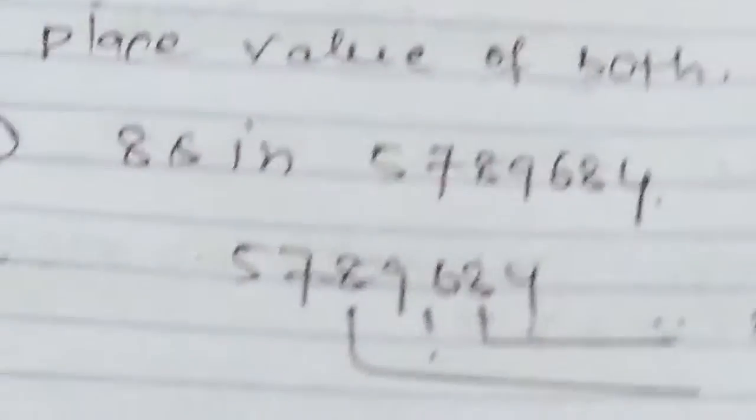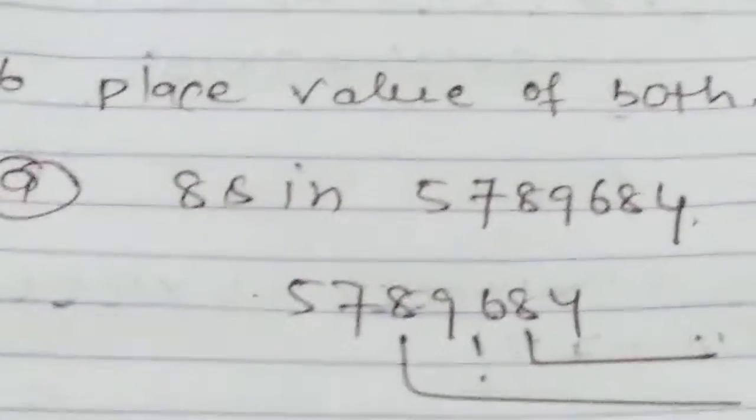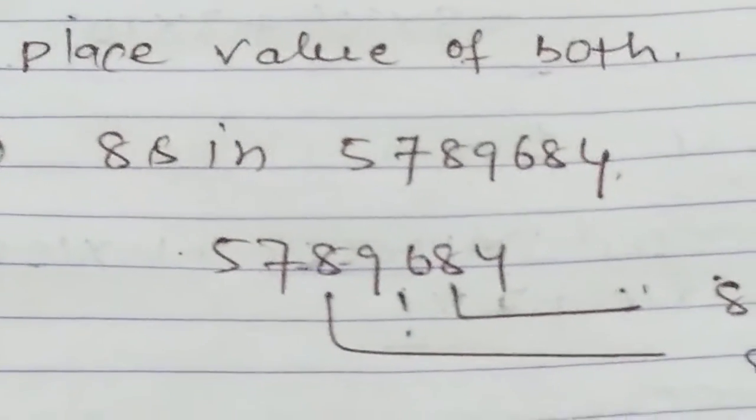Question number 6. Find the difference of the place values of both 8s in 5789684.